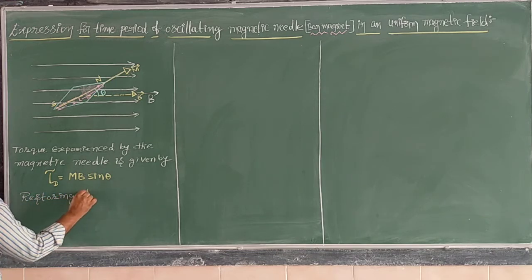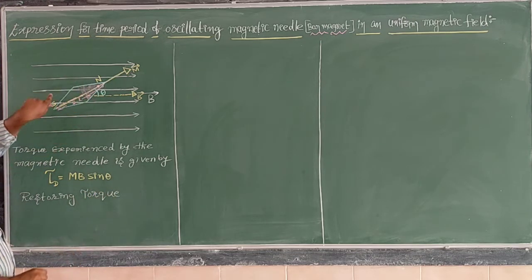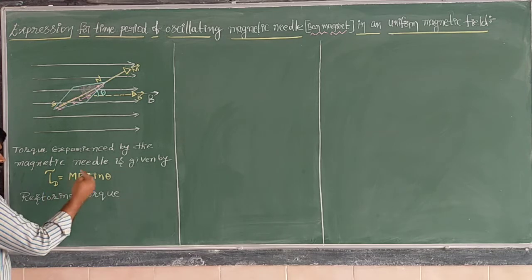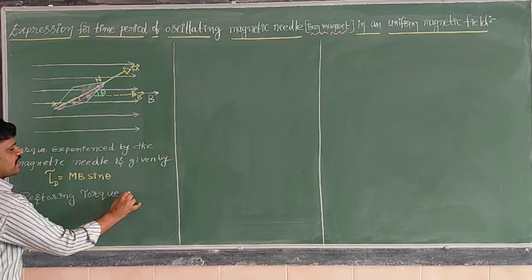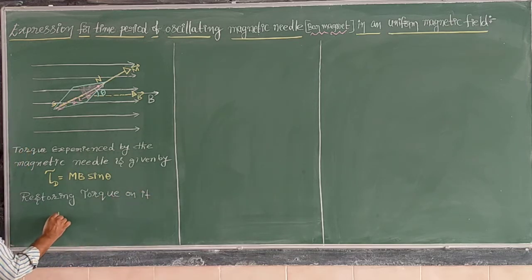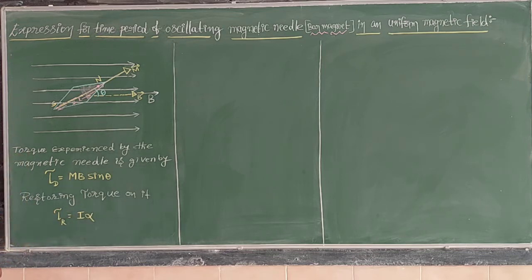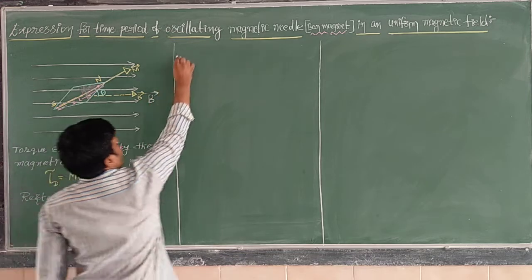The restoring torque tries to bring back the magnetic needle to its original position. The restoring torque we can write as I alpha, where I is the moment of inertia and alpha is the angular acceleration. This is related to the rotational motion topics.